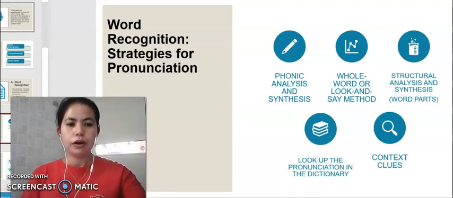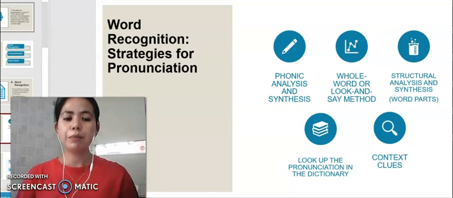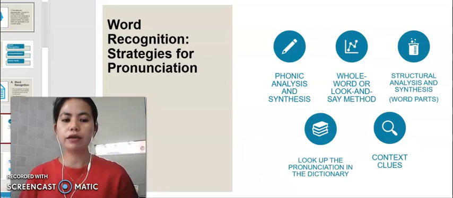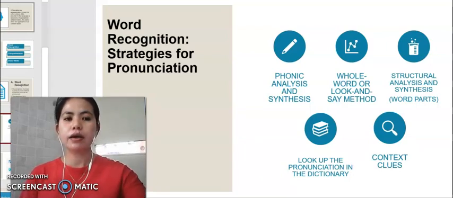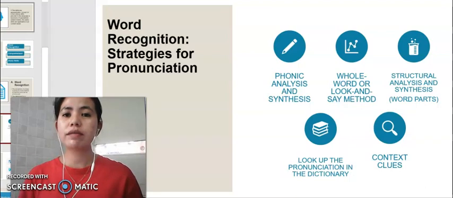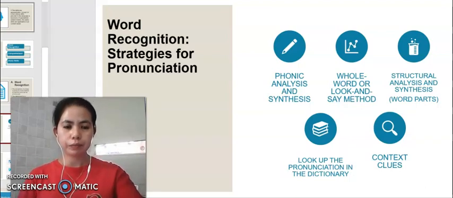Number 2, whole word or look and say method. This method has the teacher or any other individual directing your attention to a word and then saying the word. It also teaches students to read words as whole units, not by letters.